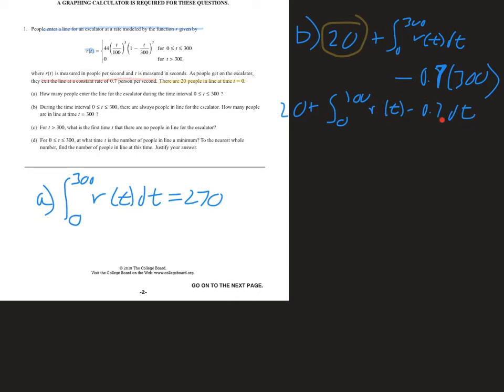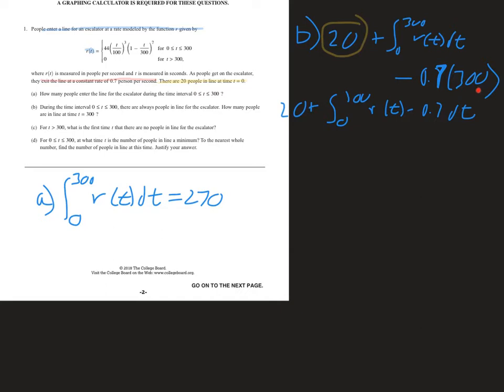And that's of course the same, because when you have addition or subtraction inside the integral, you can split it up into 2 separate integrals, like we did here. And also the definite integral of a constant is just that constant, 0.7, times the variable.